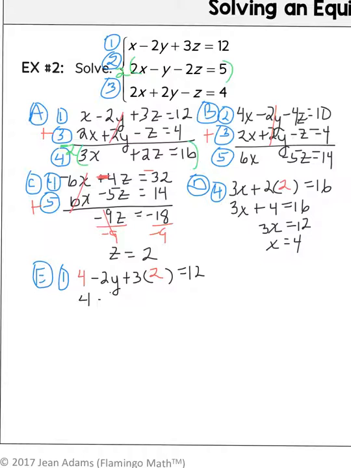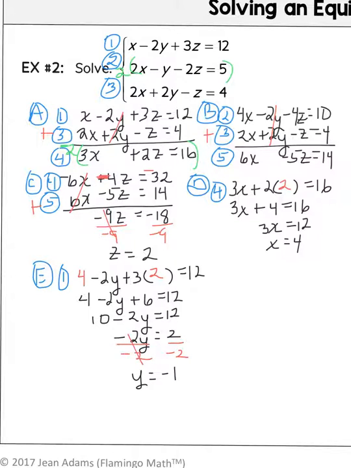So 4 minus 2y plus 6 equals 12. The 4 and the 6 is 10 minus 2y equals 12. Subtract 10 from both sides. You get negative 2y equals 2. Divide by negative 2. And you get y is equal to negative 1.